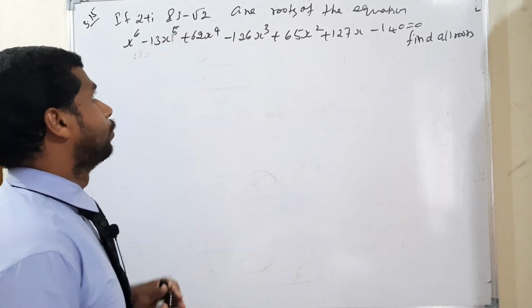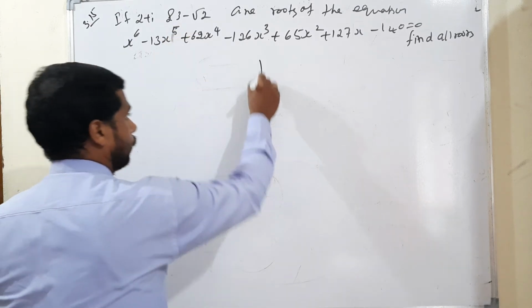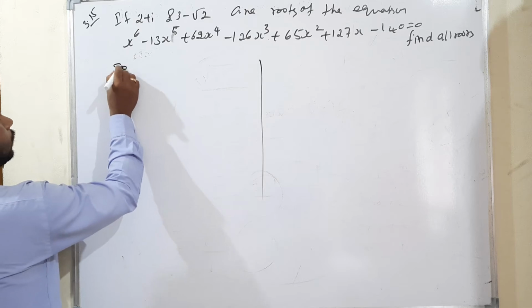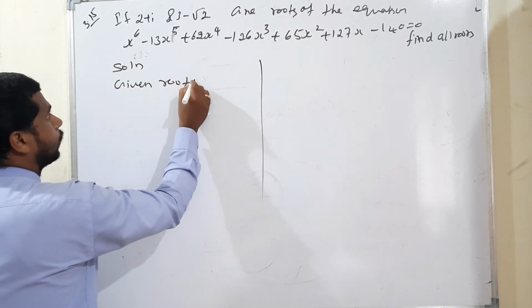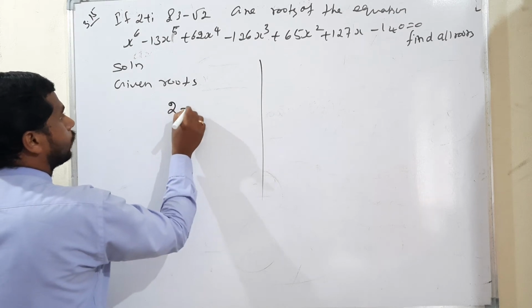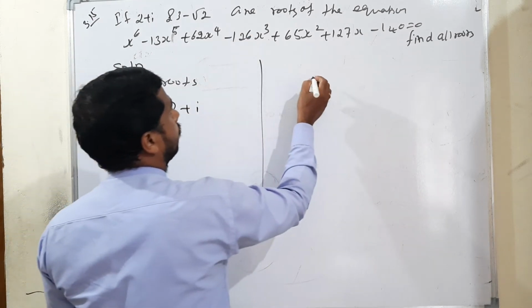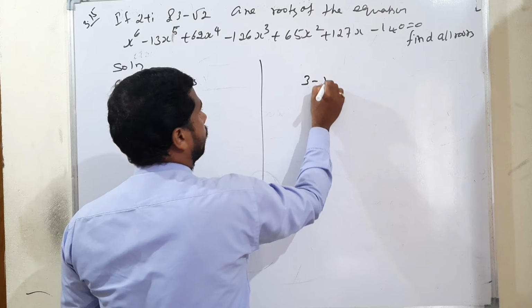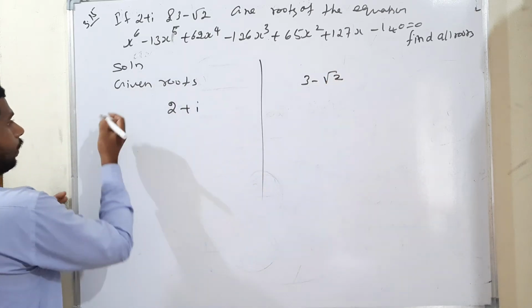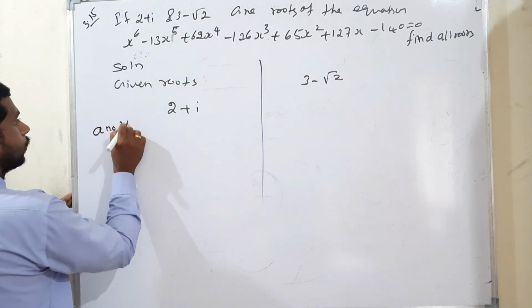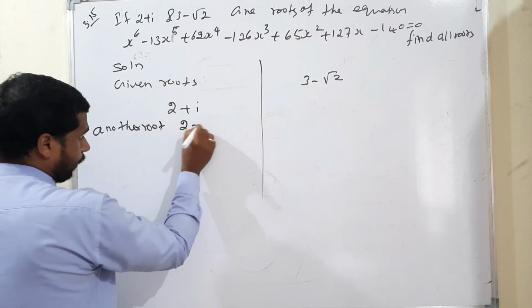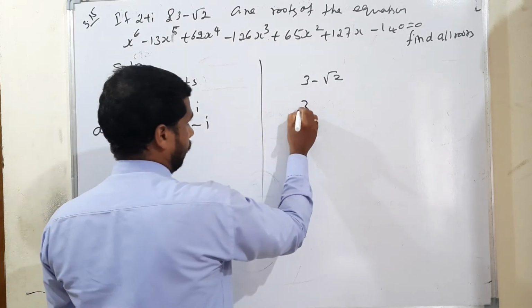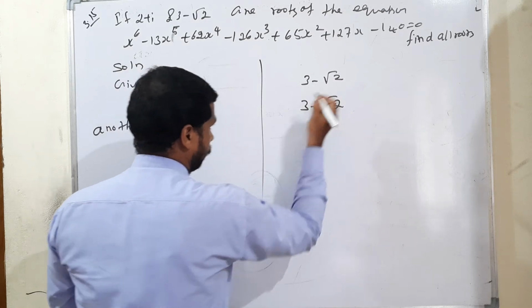The two roots are already given, so one by one solution. Given roots: the first one 2 + i, another given root 3 − √2. Then another root we can write is 2 − i, and another root is 3 + √2.